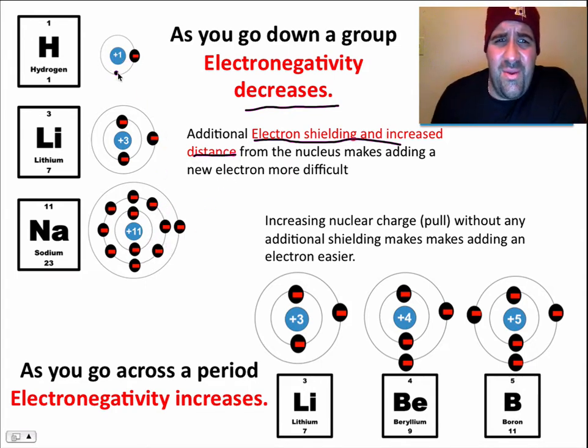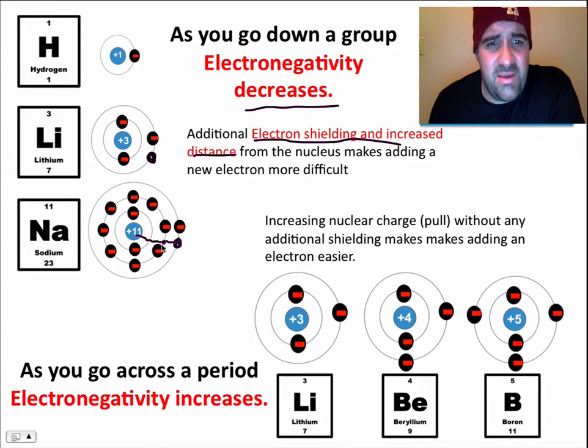If you wanted to grab an electron right here compared to here, you're very far from the nucleus, so the force of the pull of the nucleus is going to be much weaker. Even though there is a plus 11, distance is more important than charge. We also have to look at all the additional electron shielding. All these electrons are going to be repulsing this. So in general, electronegativity is going to decrease as you go down.